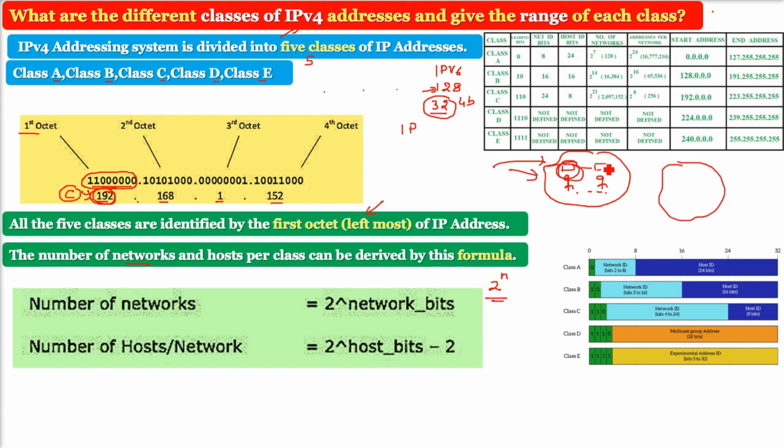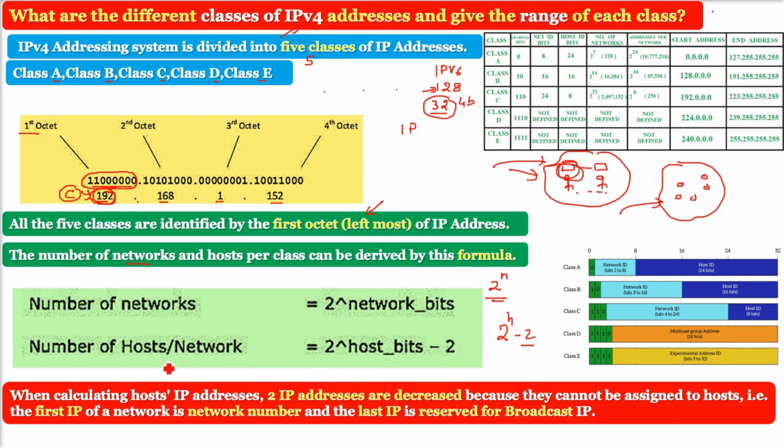This is how you decide which network you are in: 2 to the power of the number of network bits. Because the 32-bit address has network bits and host bits. The number of network bits is decided by the class, and the remaining are called the host bits. So the hosts inside a network can be found out, and how many hosts can be in a network can also be found out.